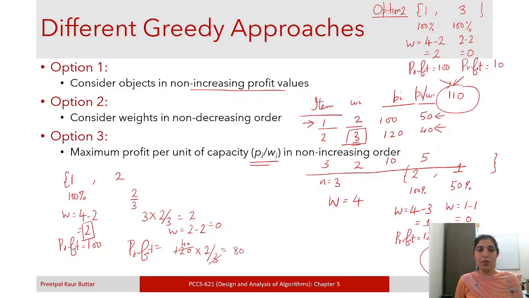Now we can add up the total profit and it is equal to 180. We can see that option 3 is giving us the optimal solution, and this is the approach we follow in solving the fractional knapsack problem using the greedy approach, right?